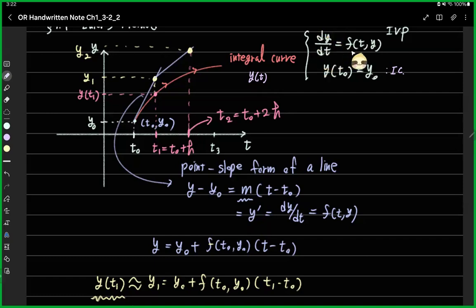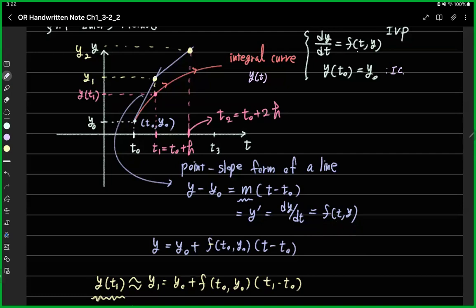y prime is equal to f. f is given in the problem. This is a source function, which is given in the problem. We know this. So the meaning of this one is dy/dt, which is the slope of the tangent line of y of t, the exact solution y of t. So m is y prime, which is dy/dt. This is equal to f of t comma y.